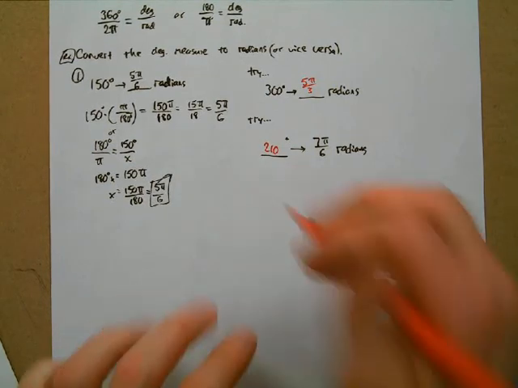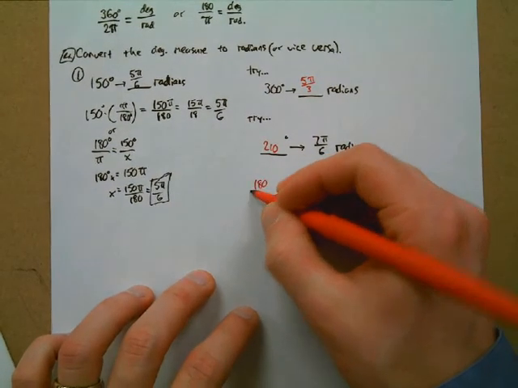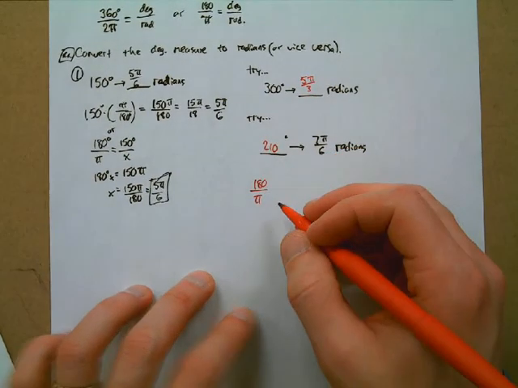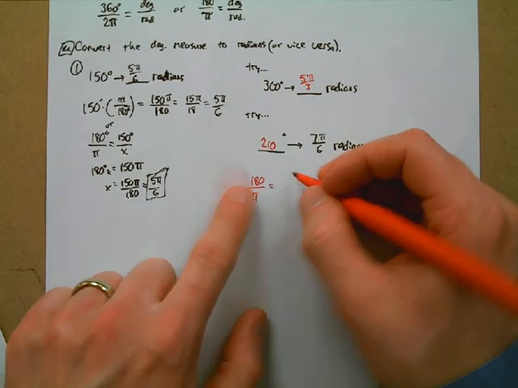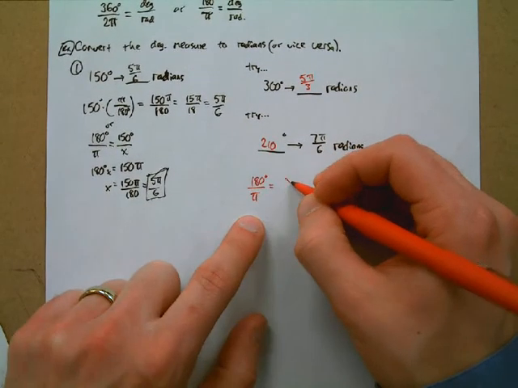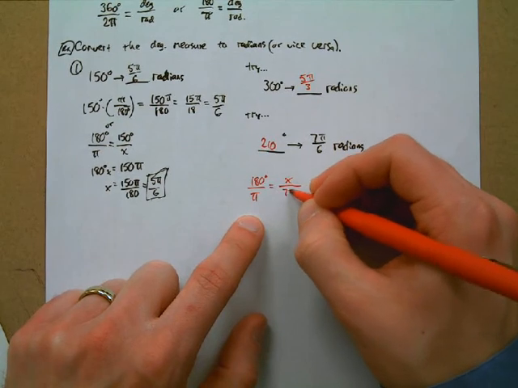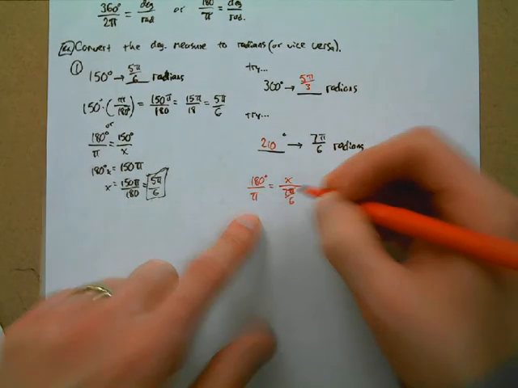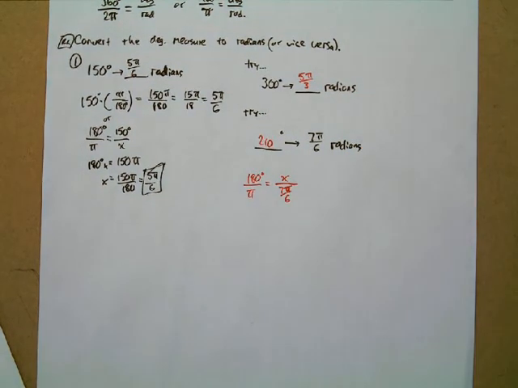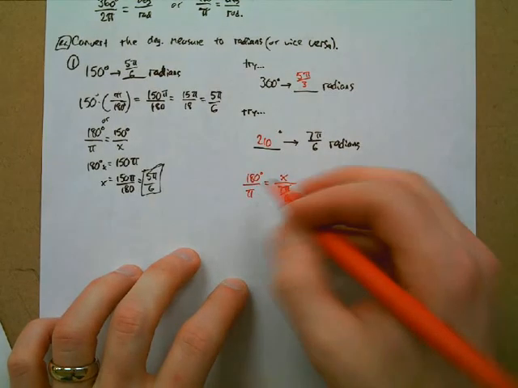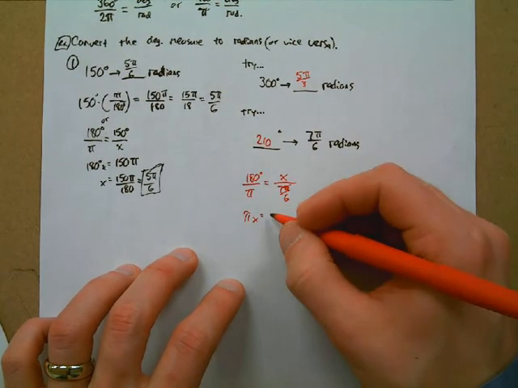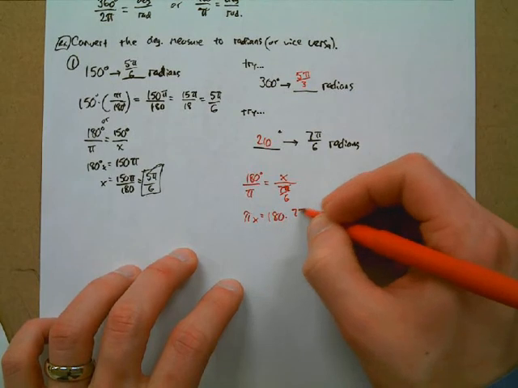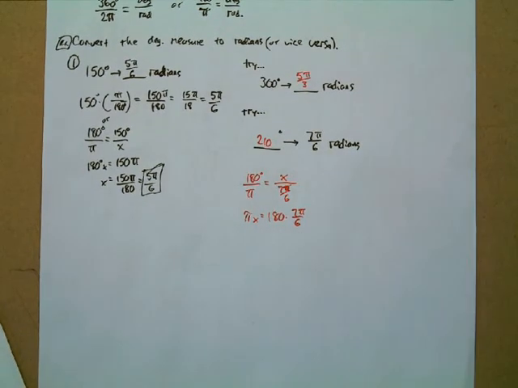But before we multiply fractions, we can simplify. That 180 and the 6 both divide by 6. We're left with 30 times 7, which is 210. And you divide both sides by pi, and you get x is 210 degrees. Okay? So that's all it is.